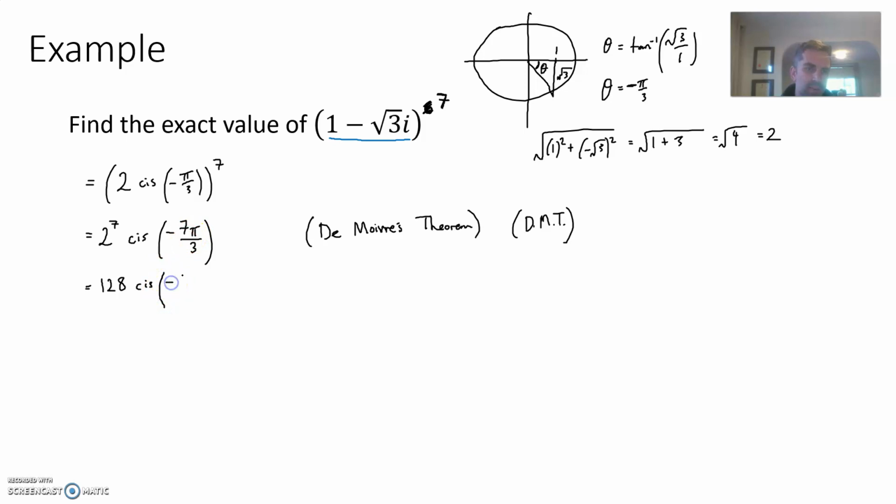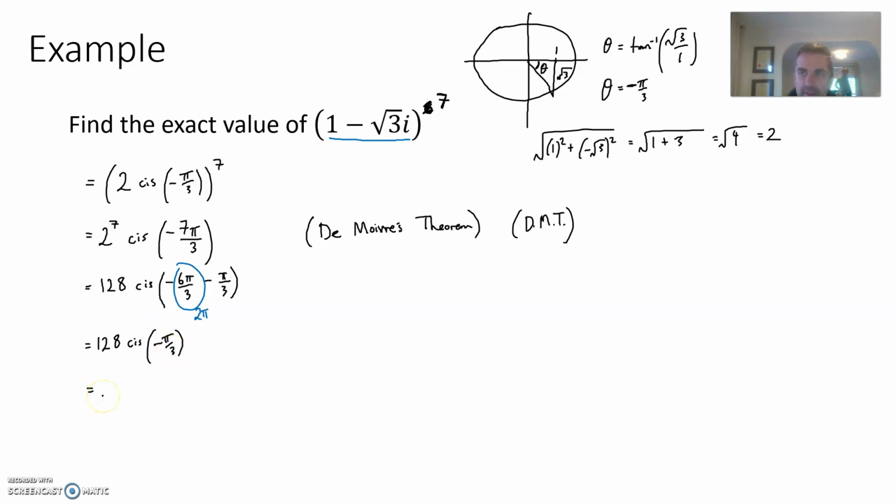Because if we break that up, we can break it up into negative 6 pi over 3, take another pi over 3. And 6 pi over 3, that's just the same as 2 pi. So if you remember, one of our rules for simplifying cis is that if you've got multiples of 2 pi, you can just cancel that down. So that's just going to become 128 cis negative pi over 3.